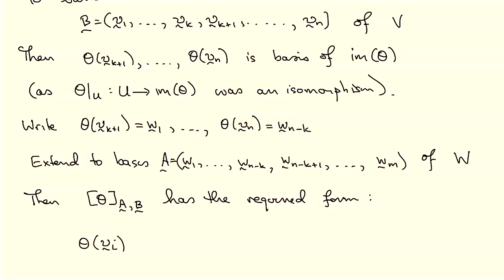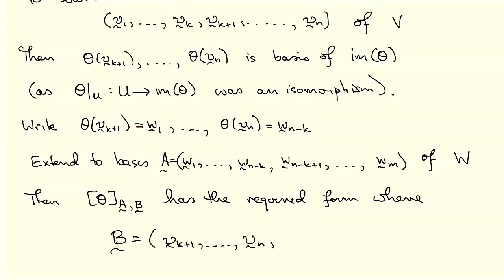So A I'll take as written there. B, sorry, to get the identity up the top, I probably should have put it down the bottom. As the required form, I'm going to change B. B is now defined to be Vk plus 1 up to Vn, so the second part of the basis first, and then V1 up to Vk.